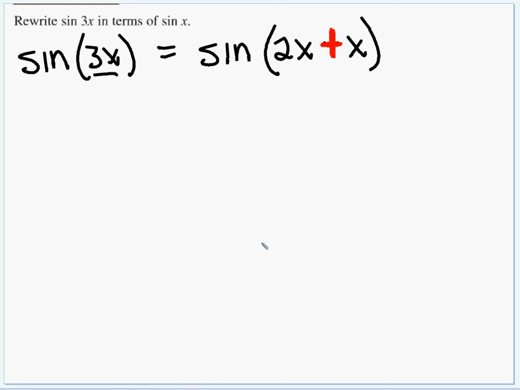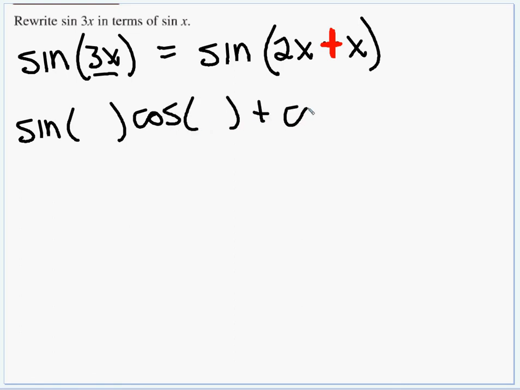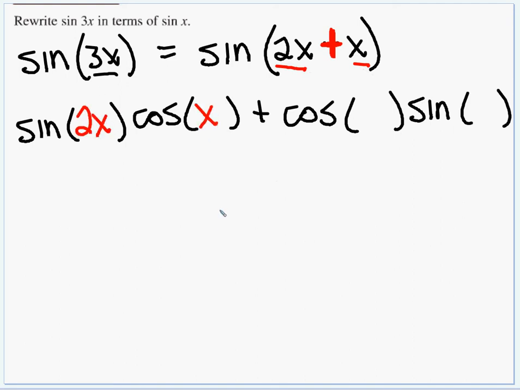So the pattern there is sine cos plus cosine sine. And we populate our angles. 2x goes first, x goes next. So 2x and then an x, and then we get a 2x and an x.